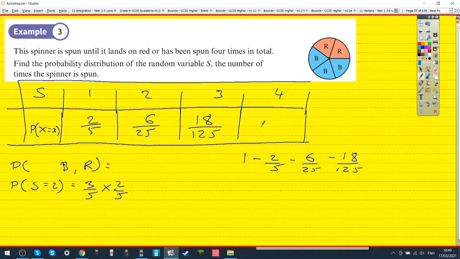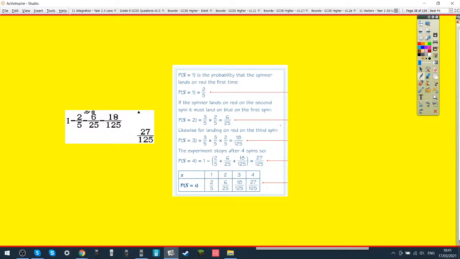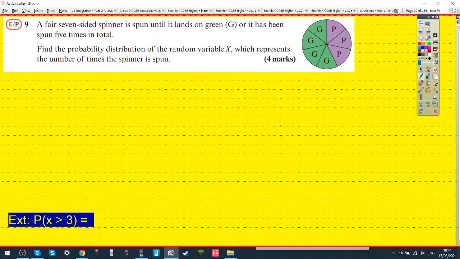And what do you get? Minus 9 over 25. Something's gone wrong. Shouldn't be a minus number. Actually, wait, forgot to do something. 27 over 125, sounds right. There we go. Yep. Great. We got it.